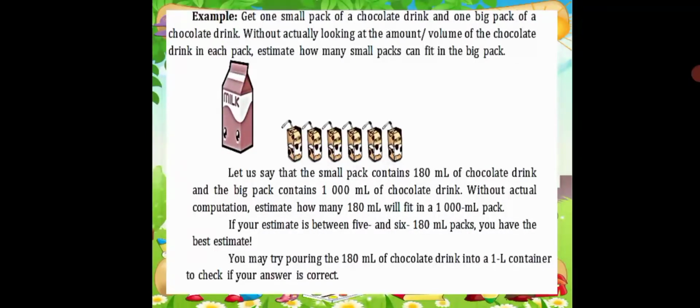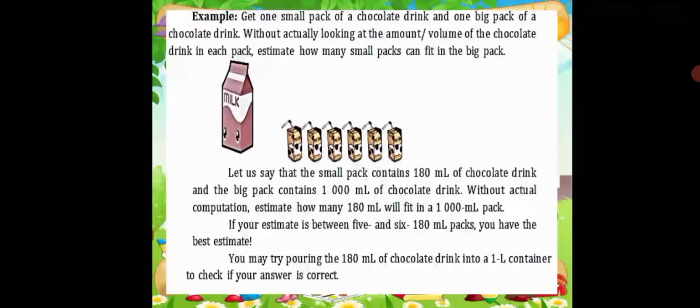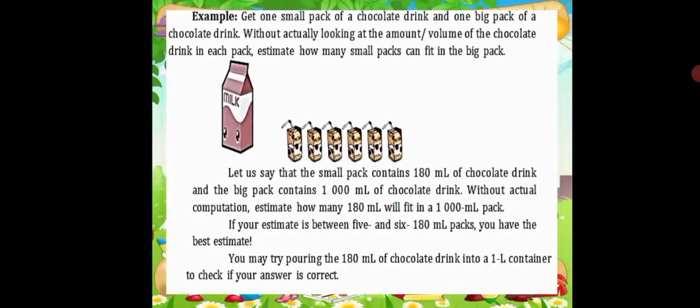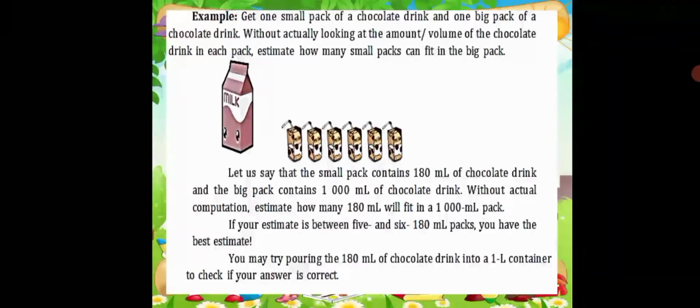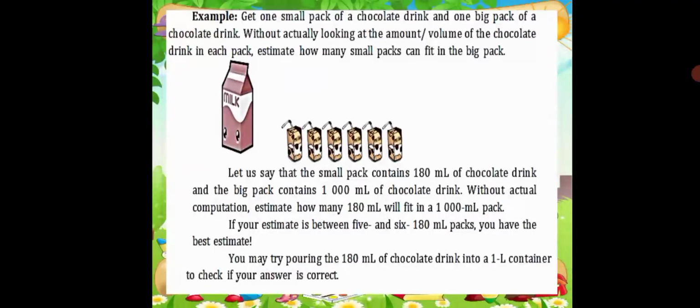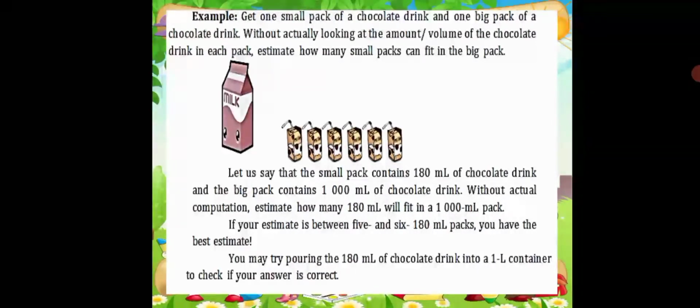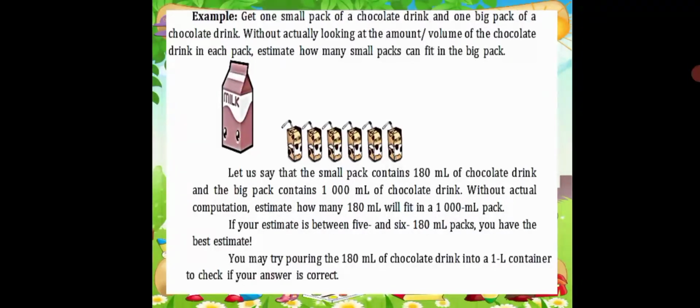Without actual computation, estimate how many 180 ml packs will fit in the 1000 ml pack. If your estimate is between 5 and 6 packs of 180 ml, you have the best estimate. You may try pouring the 180 ml of chocolate drink into a 1 liter container to check if your answer is correct.